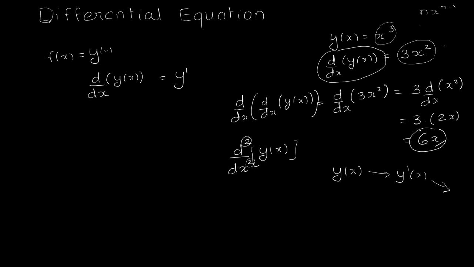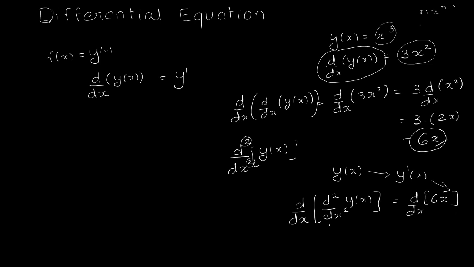Now, if you differentiate this 6x again, this 6x is also a function of x. That means obviously you can differentiate this again. So if you are differentiating it again, it will be d by dx, that is, the derivative of the second order derivative, d by dx of d square y by dx square, that is, d by dx of my 6x.